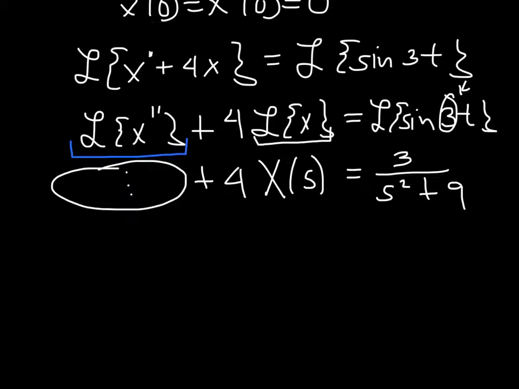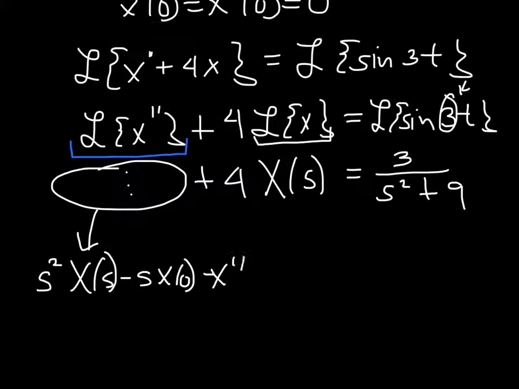So continue. The Laplace transform of x double prime, looking at your equation 5 in the book, is s squared times chi of s minus s times x of 0 minus x prime of 0.